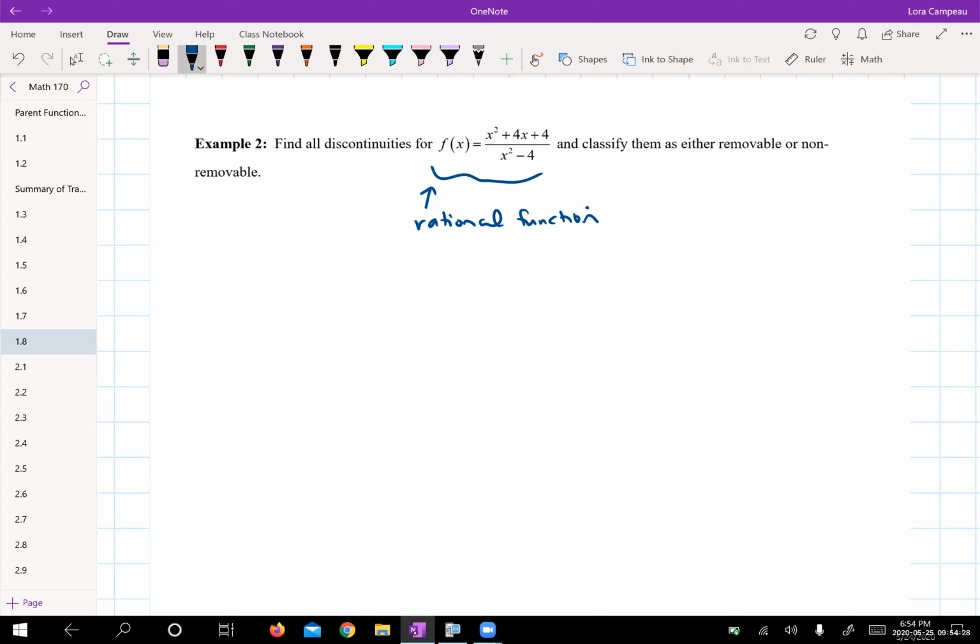And a little review, and we've seen this when we've been dealing with limits, but rational functions are discontinuous when the denominators are equal to 0.